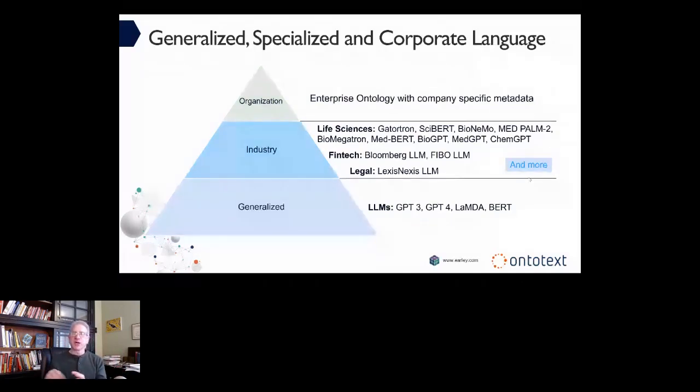A large language model does have an implied or derived ontology, but it has many, many more relationships, because we represent content in a large language model in a vector space.